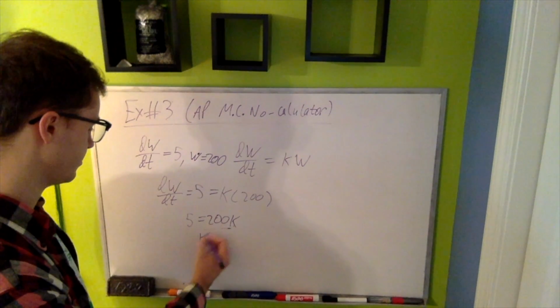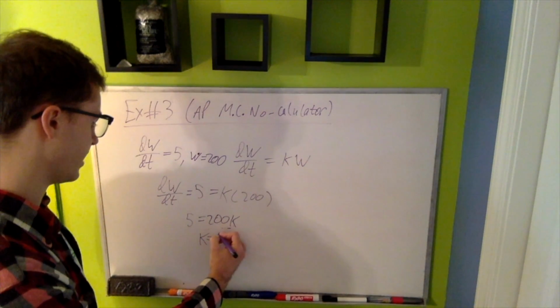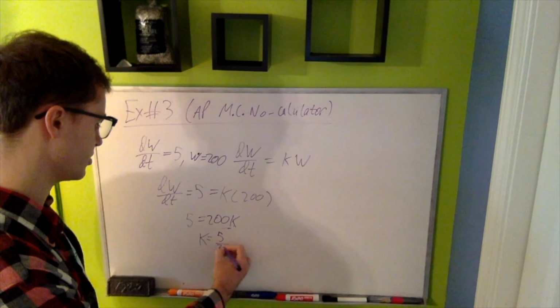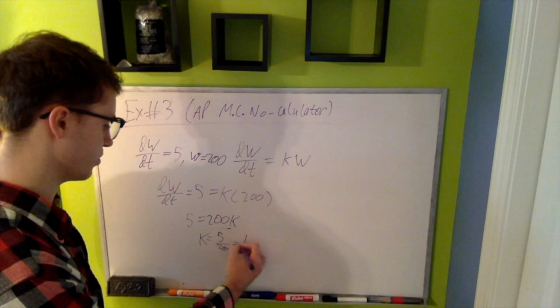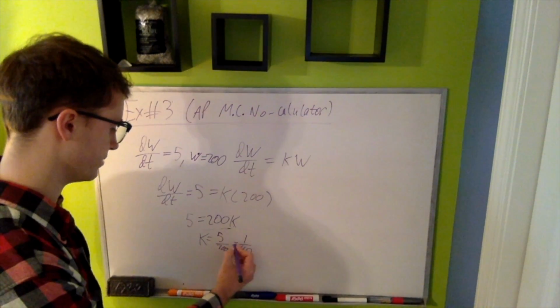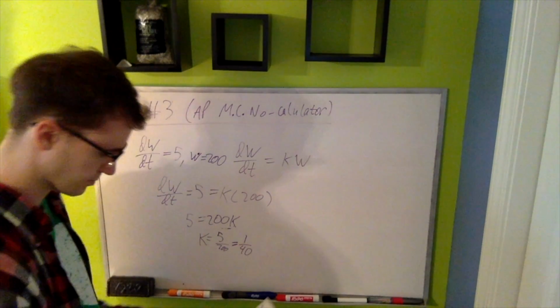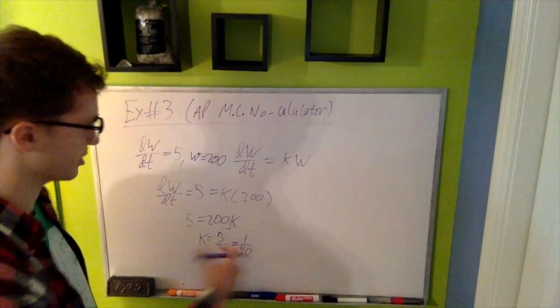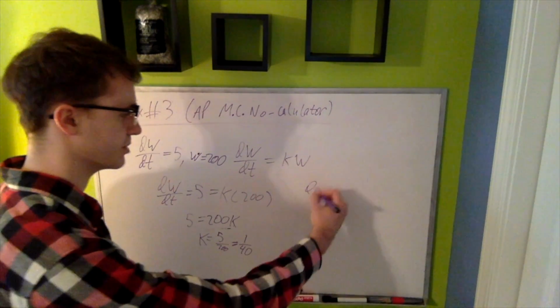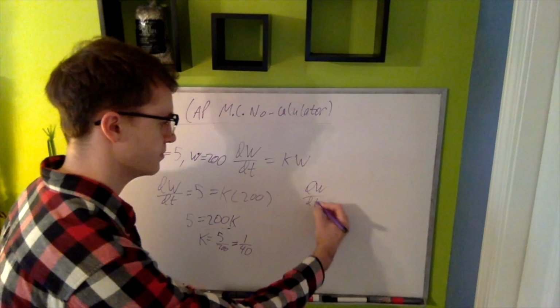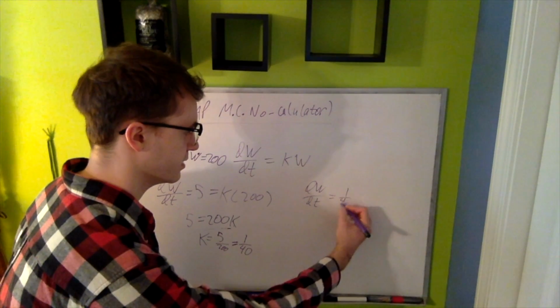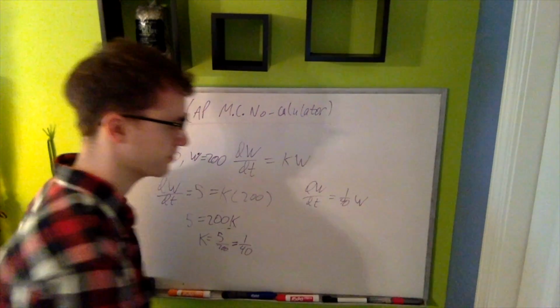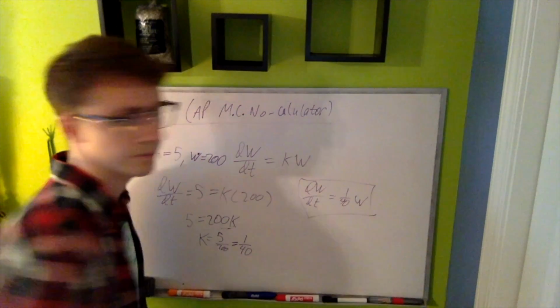So I have K equals 5 over 200, which reduces to 1 over 40. All right, there's the end of that example, because I can just plug that back in, and I have dW/dt equals 1 over 40 W. And then I'm done.